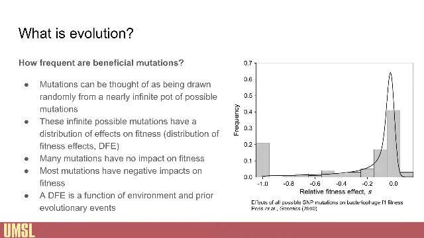And so if we want to conceptually think about this, we can start to think about it in terms of the distribution of what these fitness effects look like for an organism in terms of their mutations. So what we can do is, and this data is derived from a viral model.